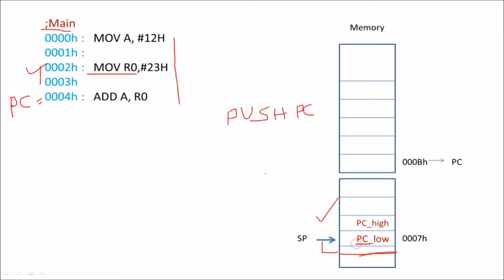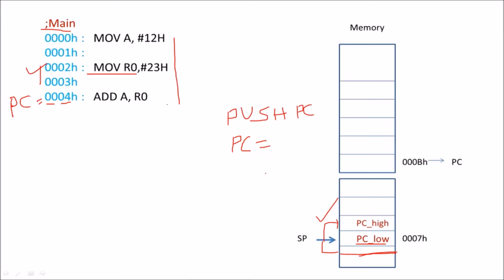It stores the value of lower byte of program counter, that is 04H in this case, and again it will increment stack pointer by 1 and store the value of higher byte of program counter, that is 00H. So it will save the address of next instruction on stack. After that, it will store the address of ISR of interrupt in program counter.